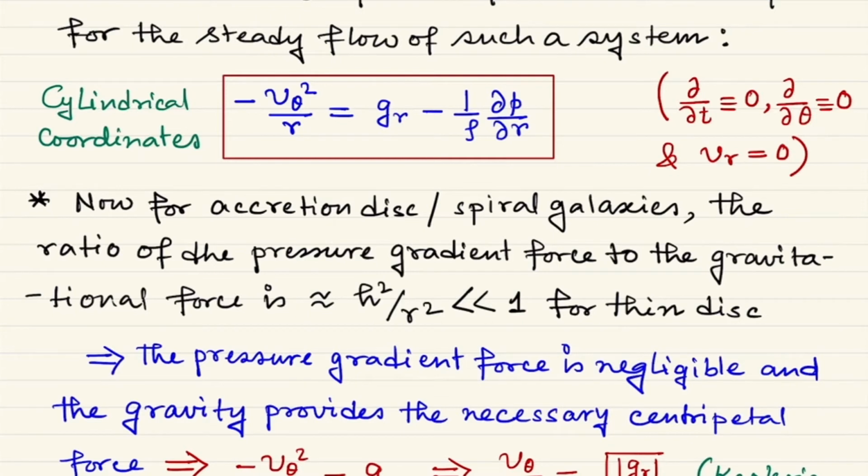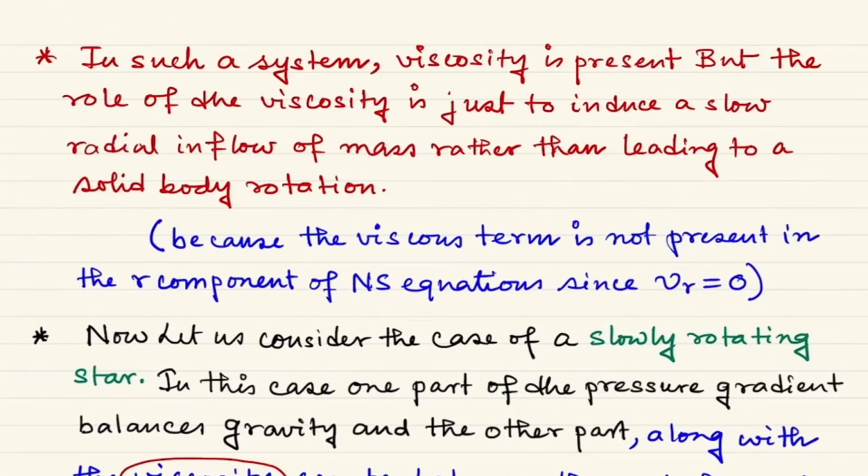So viscosity is there, but its only role is to induce a slow radial inflow, and that can be seen when you write the governing equation for the evolution of V theta. That is the theta component of the Navier-Stokes equation. You should remember that.